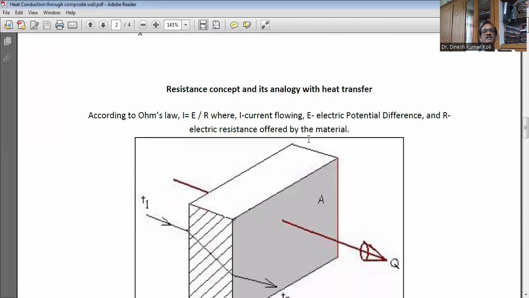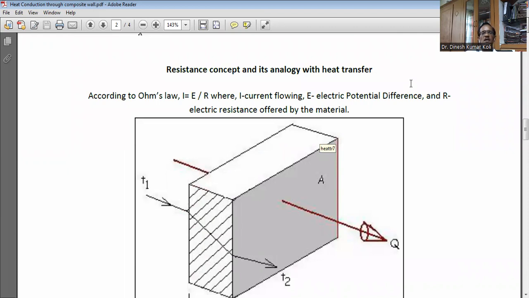Now next we can see the analogy between the heat transfer rate, or heat flow rate, and electric resistance. According to Ohm's law, as we know, I equal to V by R, where I is the flow of current, V is the potential difference or voltage, and R is the resistance.